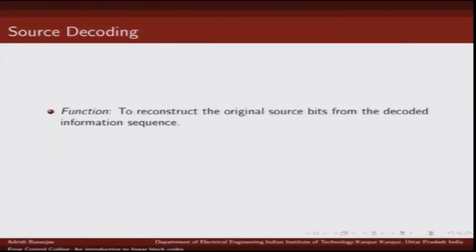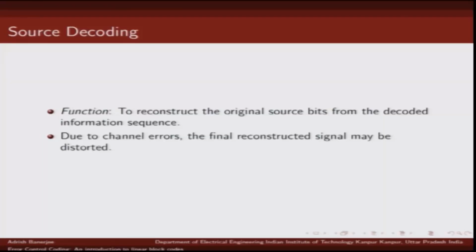The source decoder reconstructs the original source bits from the decoded information sequence. And of course, if there are errors, then our final decoded sequence would not be the same as what was transmitted. With this I will end this lecture. Thank you.